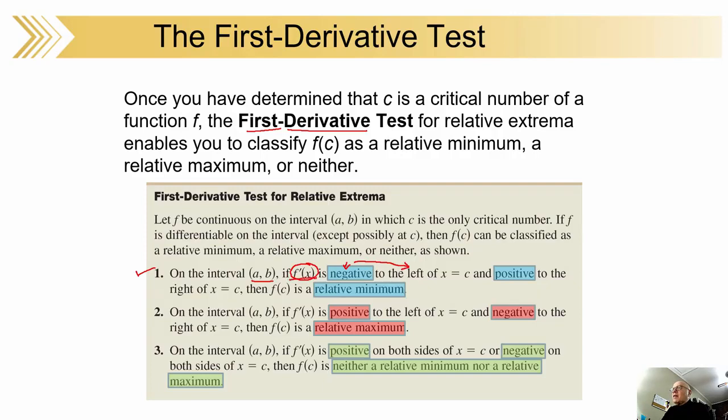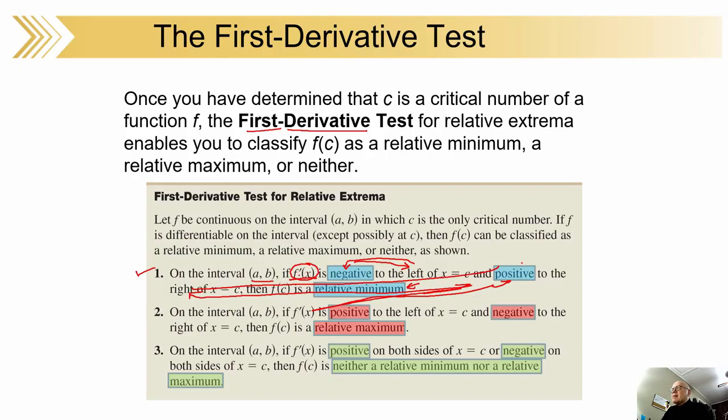If the derivative is negative on the left and positive on the right, now this is sort of tricky because of the way this is, negative on the left or positive on the right. Not both, it can't be both. If it's either one of those, you've got a relative minimum.